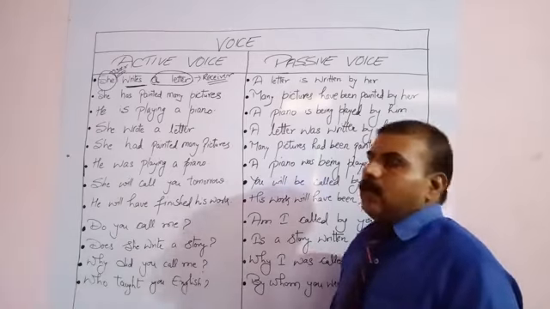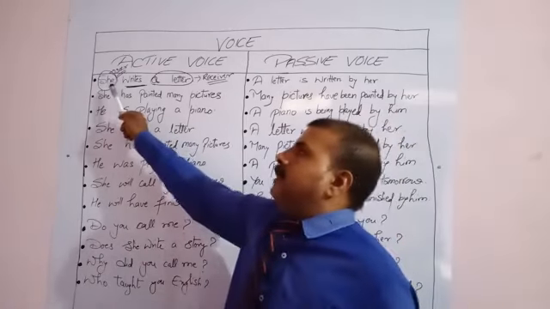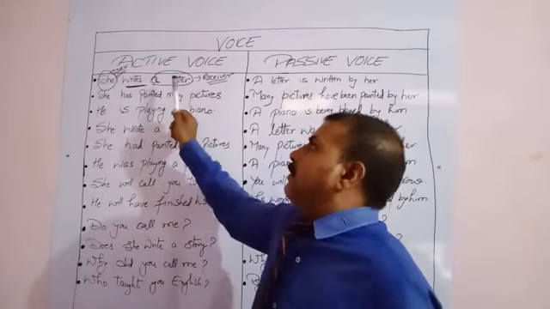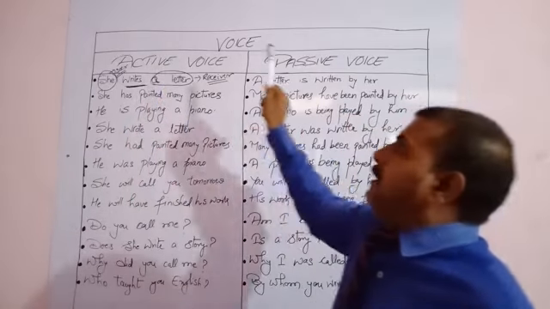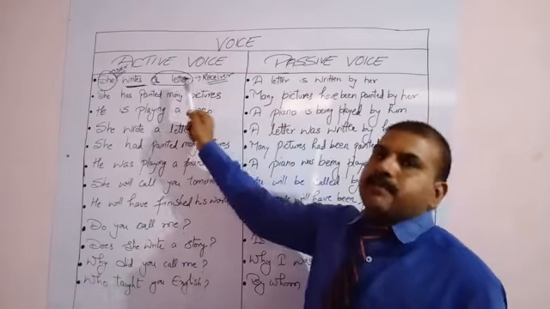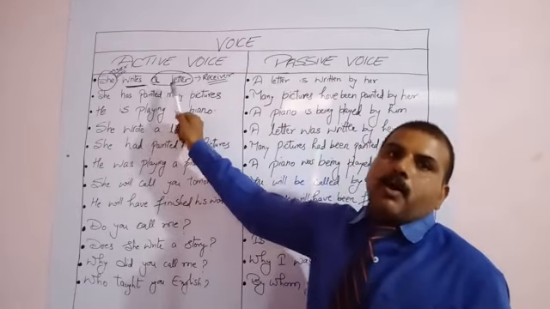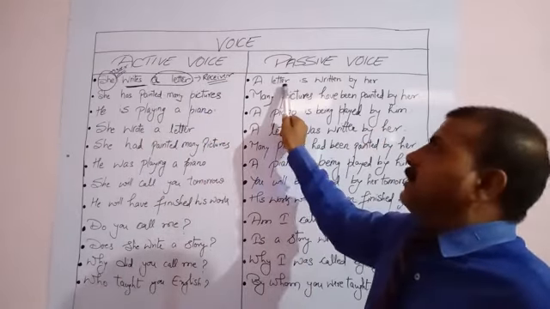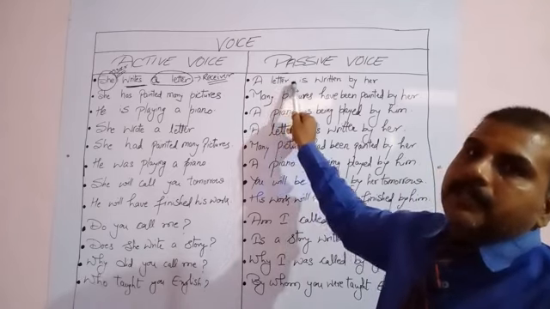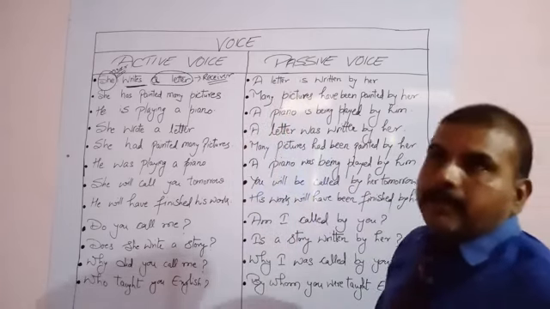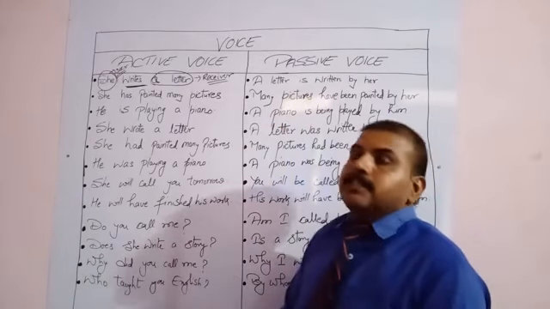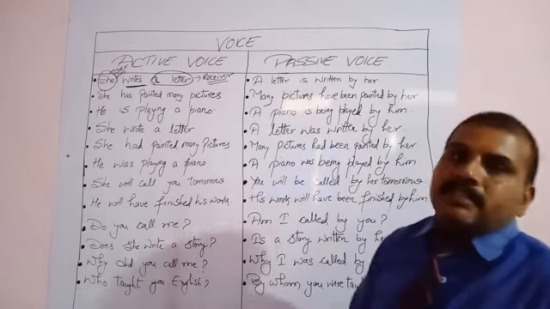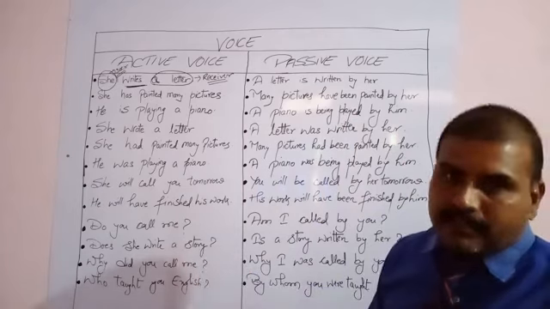As the doer of the verb is the subject and the receiver of the verb is the object in active voice, in passive voice we make the receiver of the verb, the object part, the subject. So a letter becomes the subject. In my second video, part 2, I have taught you the structure of sentences in passive voice in different tenses.